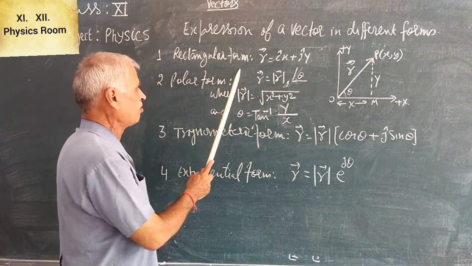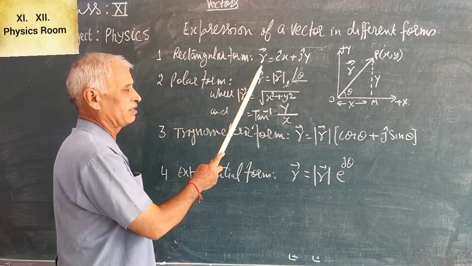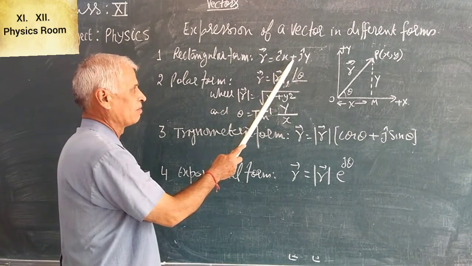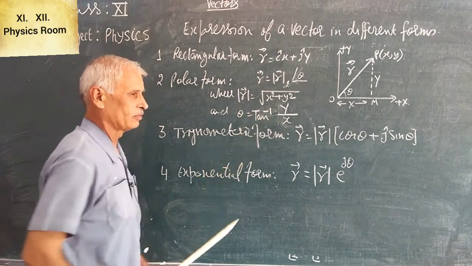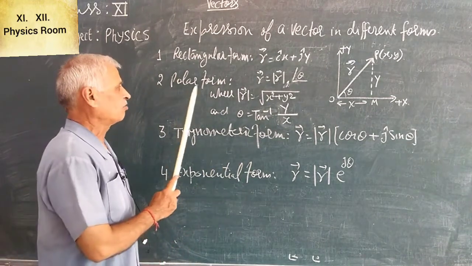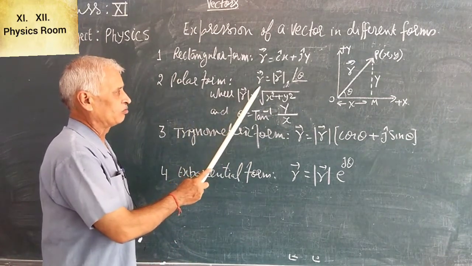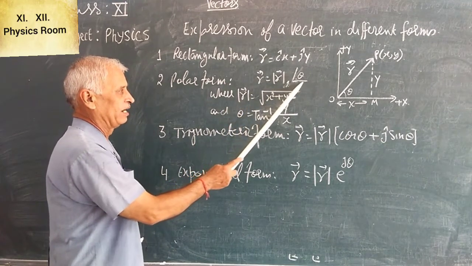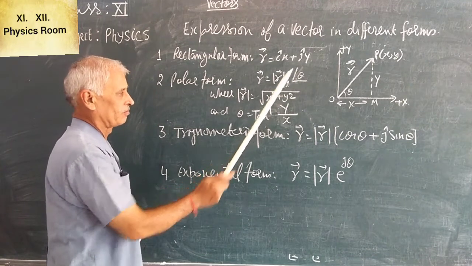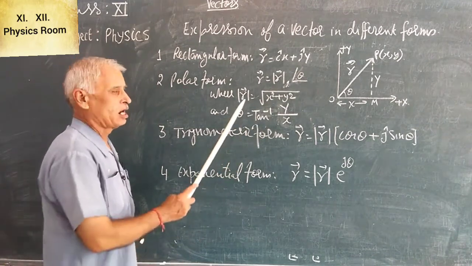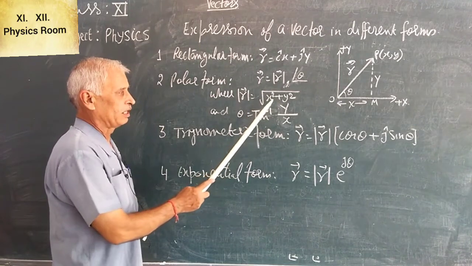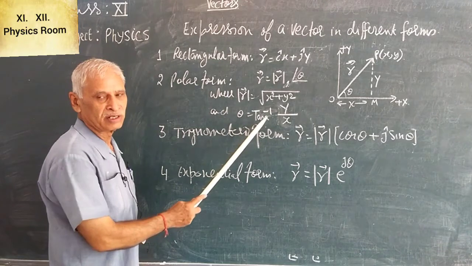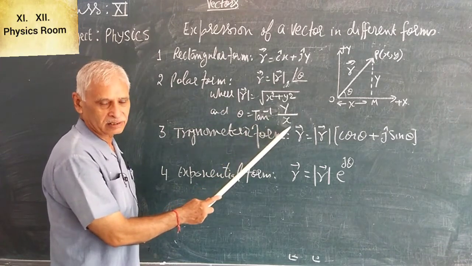In rectangular form, it is expressed as vector r is equal to i cap x plus j cap y. In polar form, vector r is equal to mod r, angle theta, where mod r is equal to under root of x square plus y square, and its direction theta is equal to tangent inverse y by x.